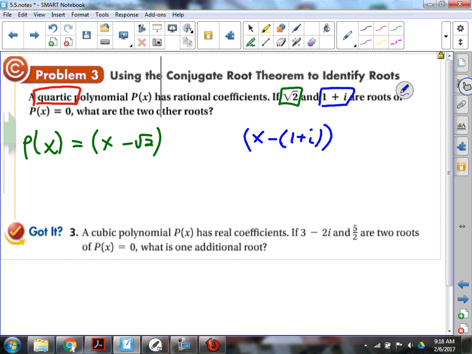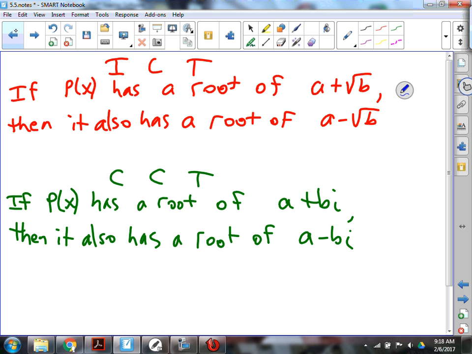But they're saying that this thing's got to be degree 4. Oh man. Well, what's another one of the roots? Not 0. Let's back that up. If a plus rad b is a root, then so is a minus rad b.